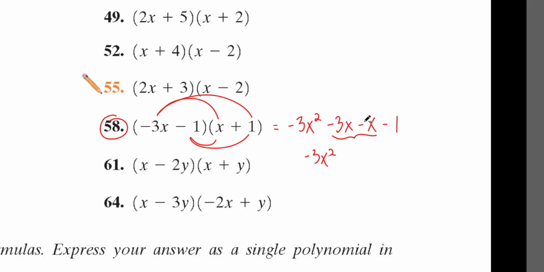This is negative 3 minus 1. What's negative 3 minus 1? It's negative 4. Should be getting used to doing those in your head now, aren't you? And then the minus 1, there's no other regular numbers, no other constants, so you just keep it like that. It's in descending order already, x squared, x, and then nothing, and that's it. That's how you would do that.